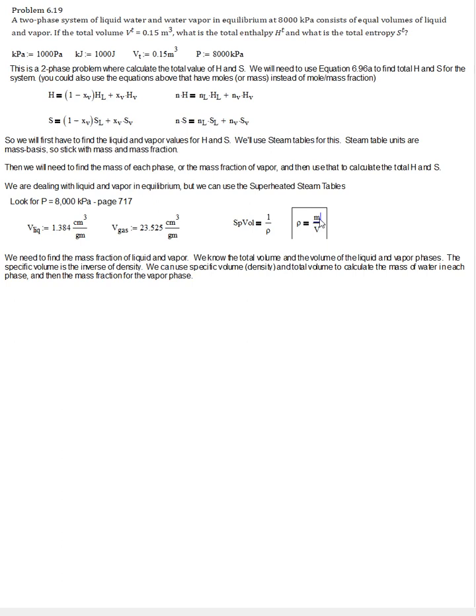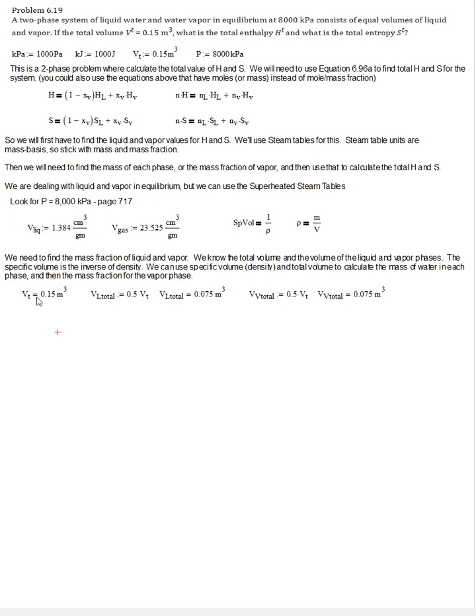We want to find the mass of the liquid in the tank. We know the volume of the liquid, right? It's going to be half the total volume. And do we know the density? Yes, because we're given the specific volume of the liquid, which is 1 over the density. So that's what we're going to do for both the vapor and the liquid phases.